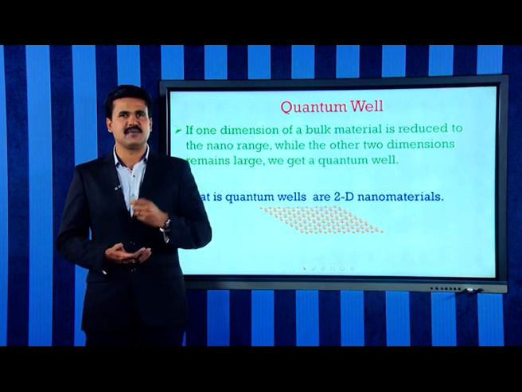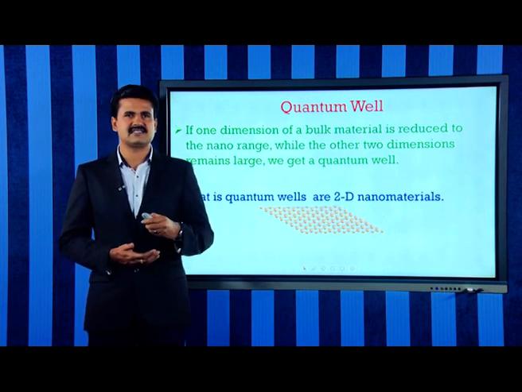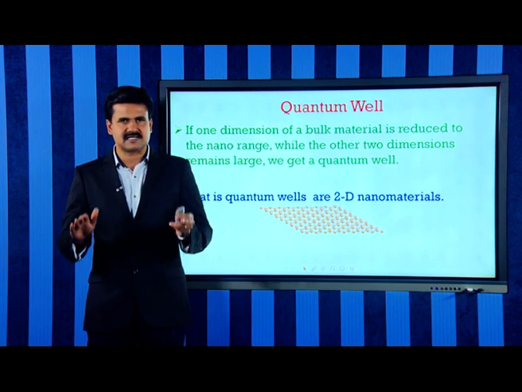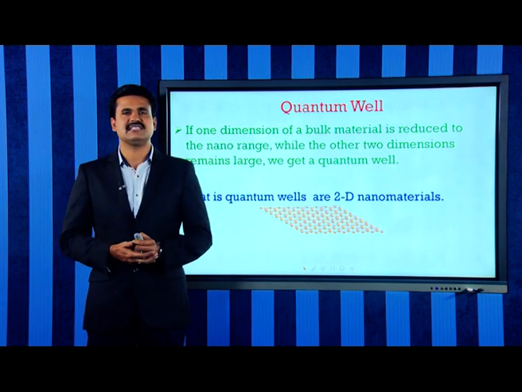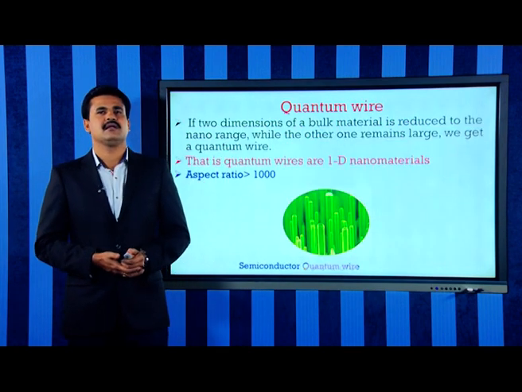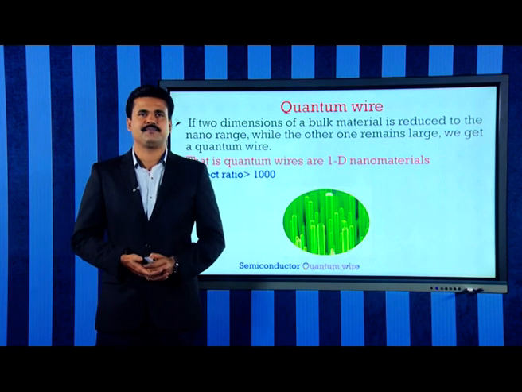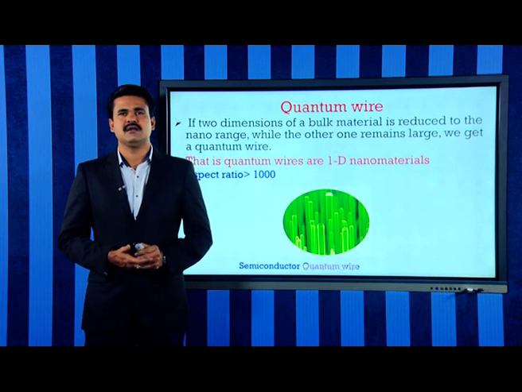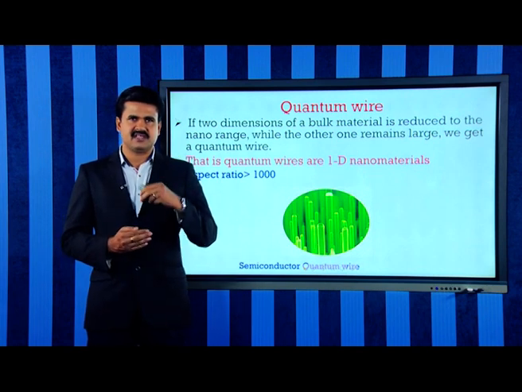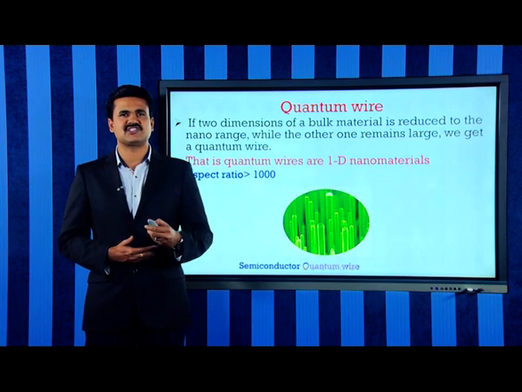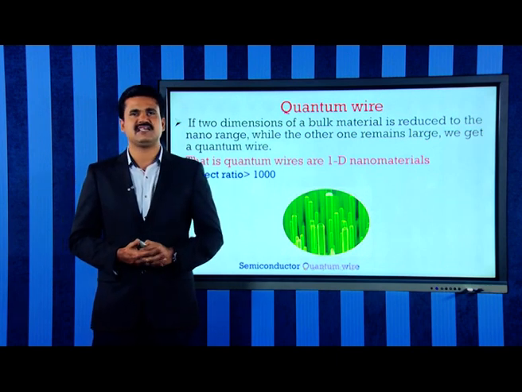A nice example for a quantum well is graphene sheet, where two dimensions are in bulk and one dimension is in the nano. Now the next, quantum wire. Quantum wires are materials having one dimension in the bulk scale and two dimensions in the nanoscale.